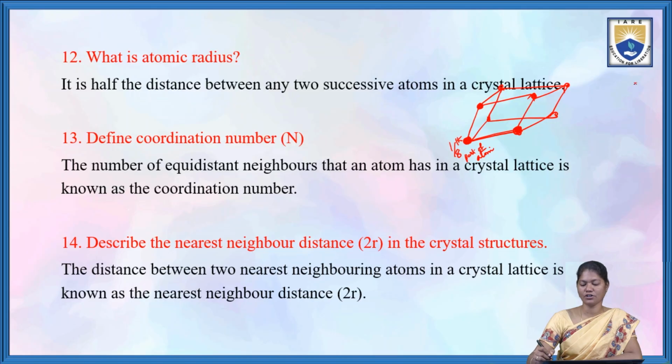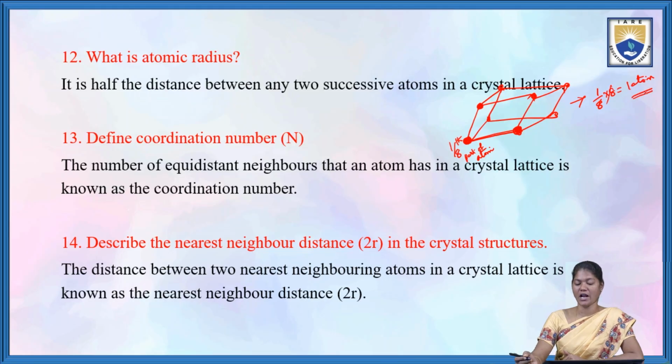So the effective number of atoms in this cube is corner atoms, and also including the center atoms or face-centered atoms. If we calculate the effective number of atoms in the unit cell, 1/8 part of the atom at each corner, that is 8 corners, is equal to 1 atom. So the effective number of atoms in this simple cubic unit cell is 1.